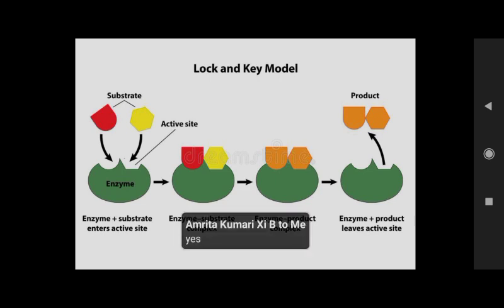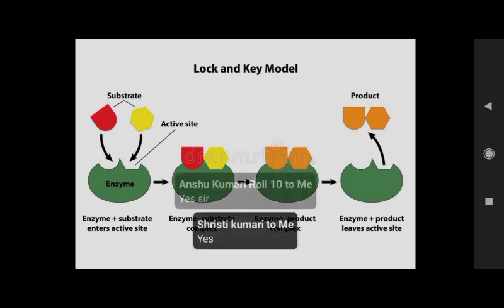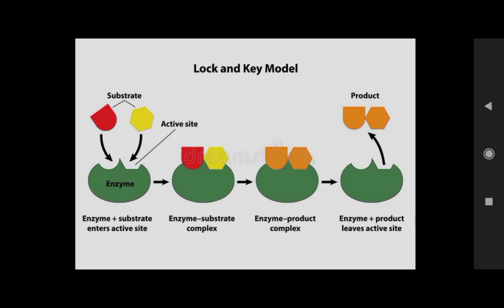Yes, okay. So, during the discussion of the properties, we said that enzyme actions are highly specific. What does this mean? A particular type of enzyme will act on a particular substrate only. It is not like each and every enzyme will act on each and every substrate.